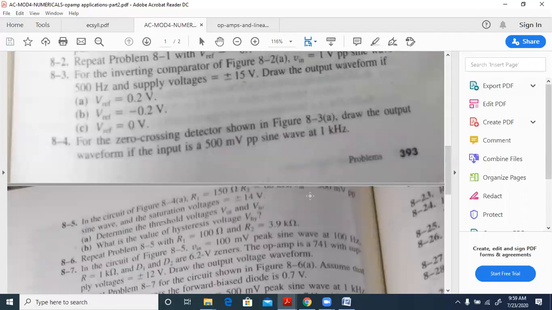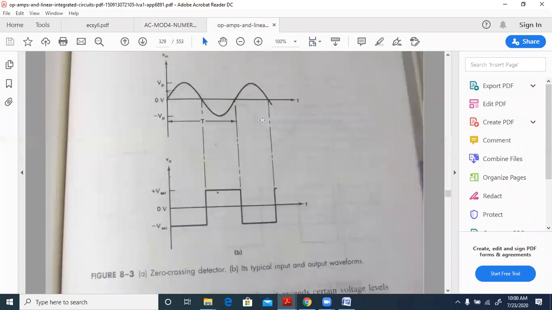So Vp will be equal to 250 millivolts, half of that, just the peak. R2 is 68K, R1 is 150 ohms, and the saturation voltage is 14 volts. So we need to see figure 8.4A over here.